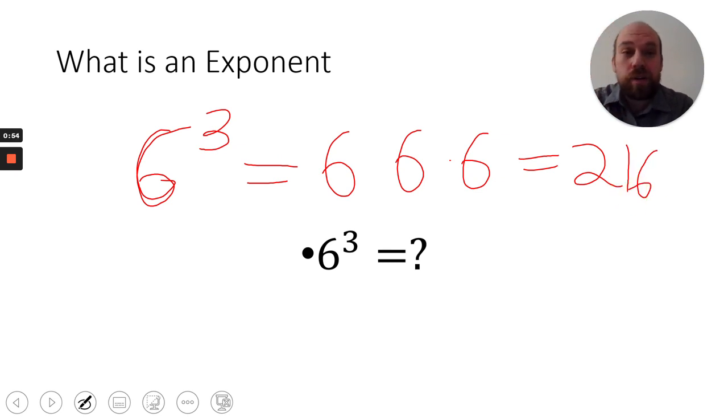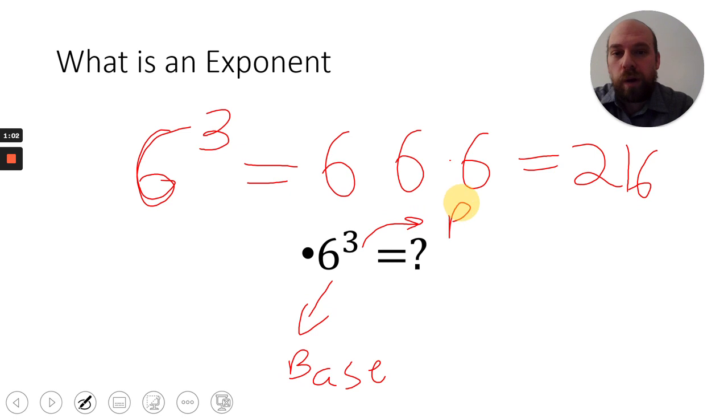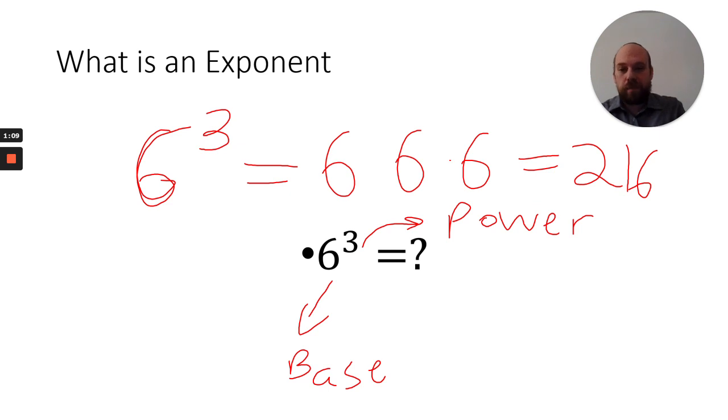The bottom number, 6, is called the base, and 3 is called the power or the exponent. So let's do some practice examples.